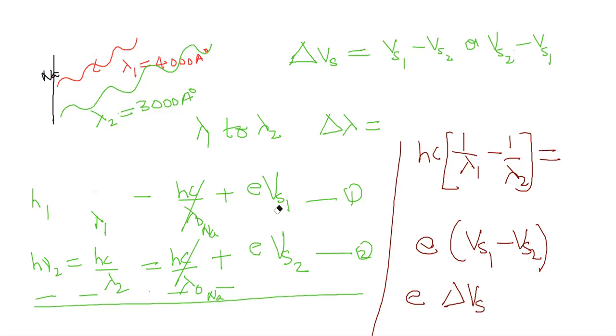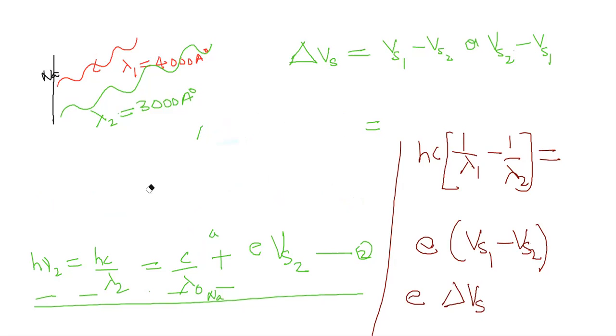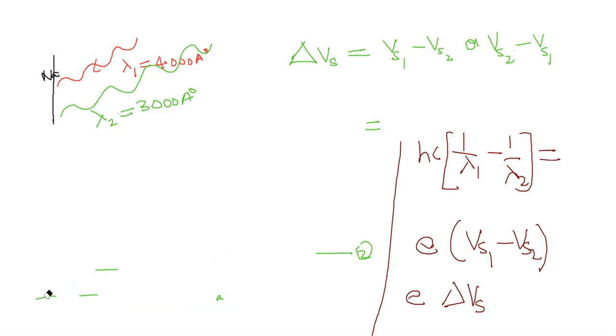So what we have to find out is only delta Vs. Put the delta Vs on one side and take all other known terms to the other side. That will solve the problem. Delta Vs is there on the LHS.